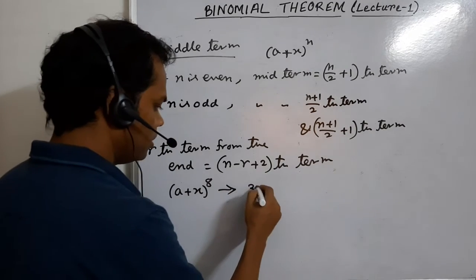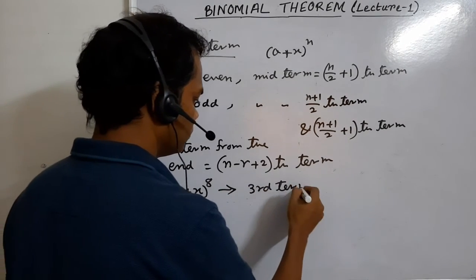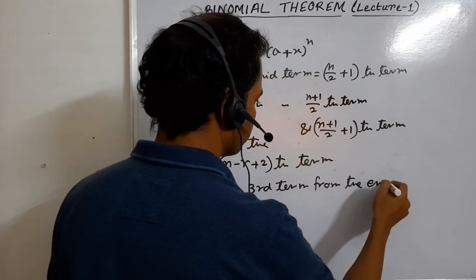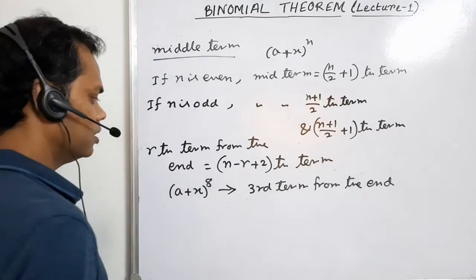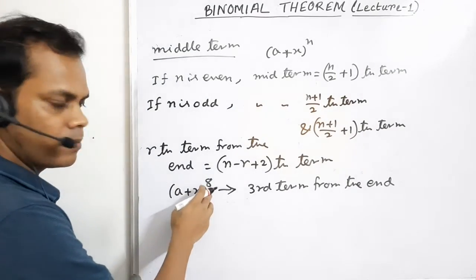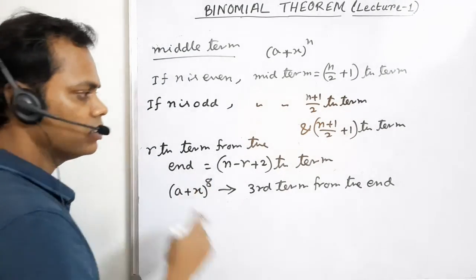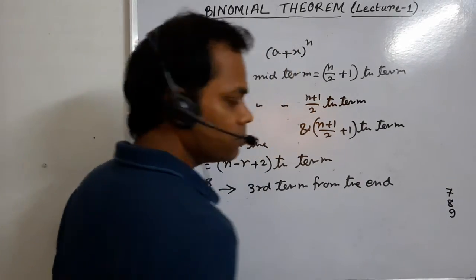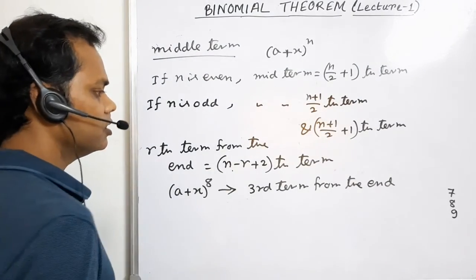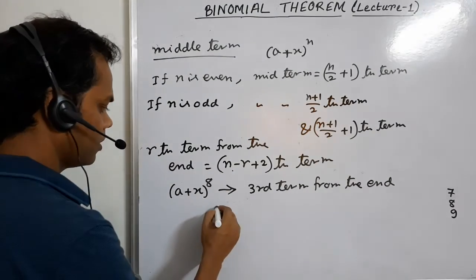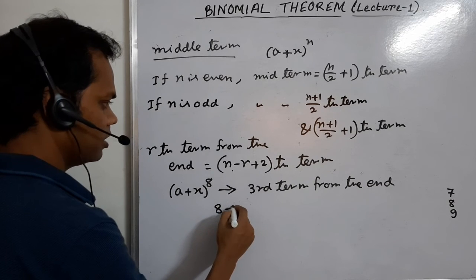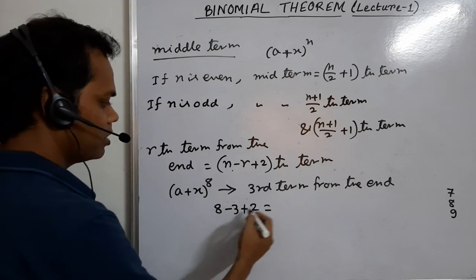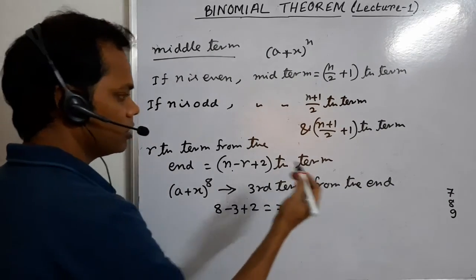Now we have to find the third term from the end. The power is 8, so the total number of terms is 9. So 9, 8, 7: the seventh term is the third term from the end. By using this formula, we can write 8 minus 3 plus 2. 8 minus 3 is 5, 5 plus 2 is 7. The seventh term from the first.